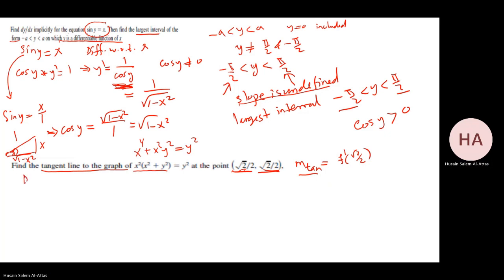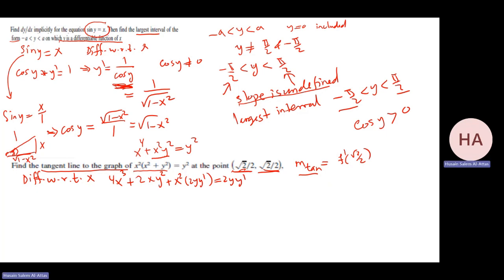Differentiate with respect to x. What will you get? 4x cubed. Now I have a product: 2x y squared plus x squared 2y y prime equal to y prime. You know what?